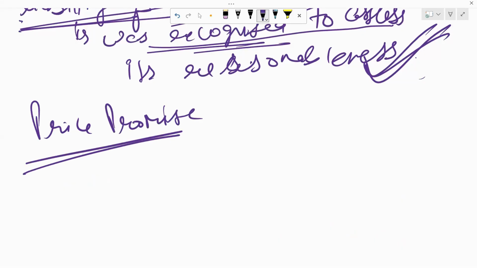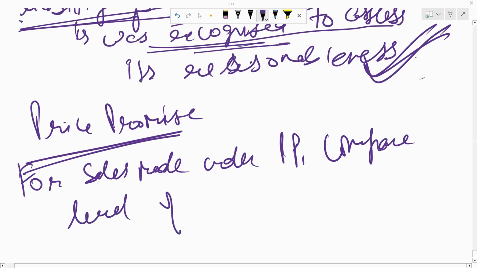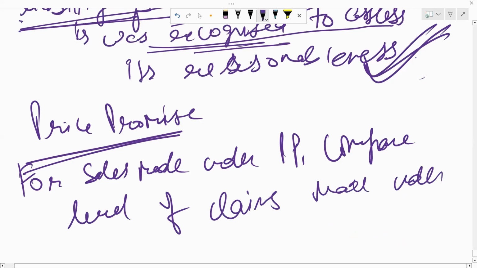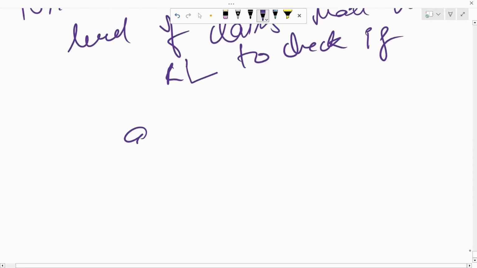Price promise को कैसे लिखोगे? For sales made under price promise, you can compare the level of claims or the refunds made under refund liability to check if all claims are settled.